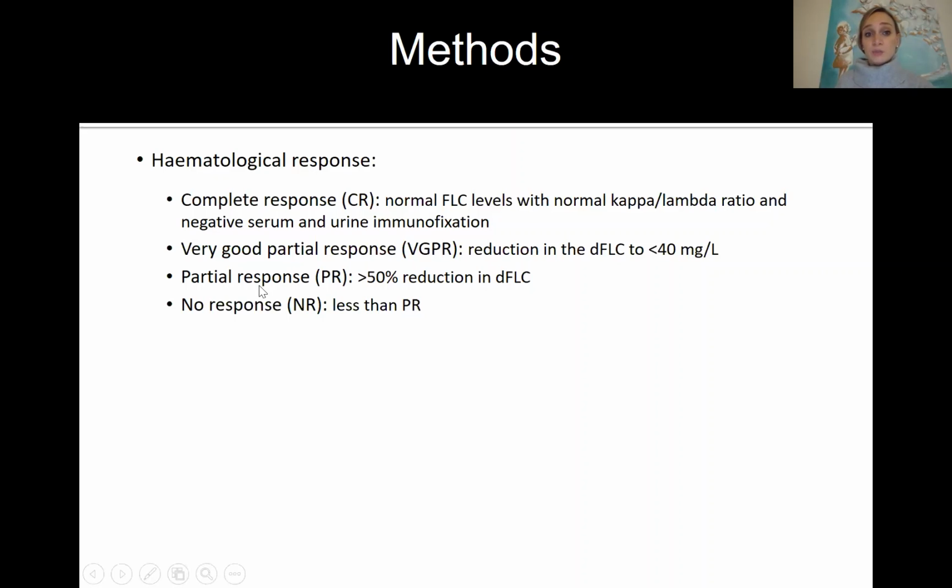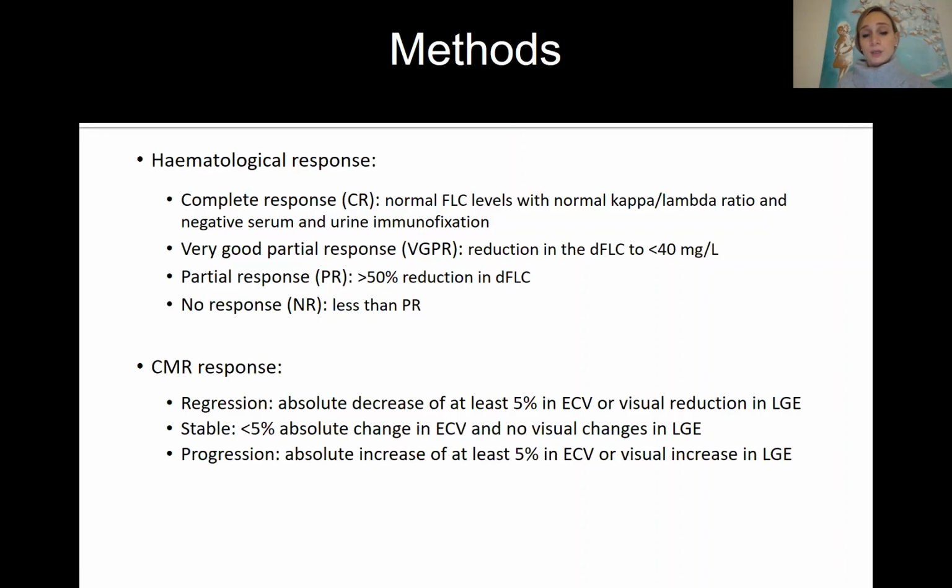And then there is partial response and no response, where the reduction in the free light chains is clinically not very adequate. The CMR response was classified into regression when there was a reduction of the ECV of more than 5%, stability when the change was less than 5%, or progression when there was an increase in ECV of more than 5%.